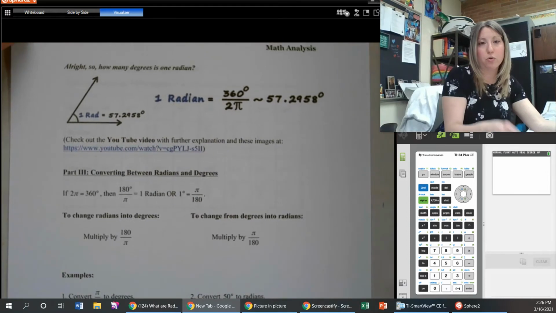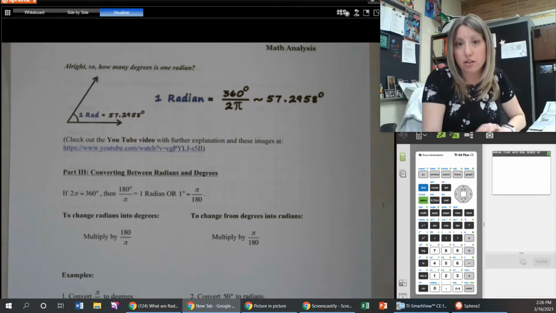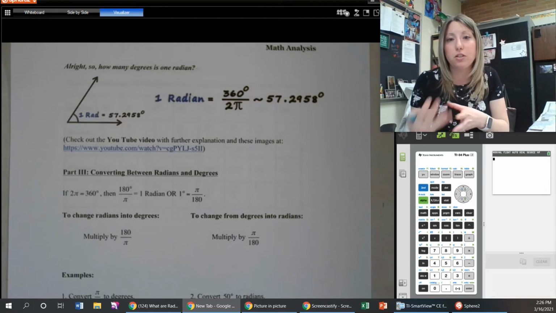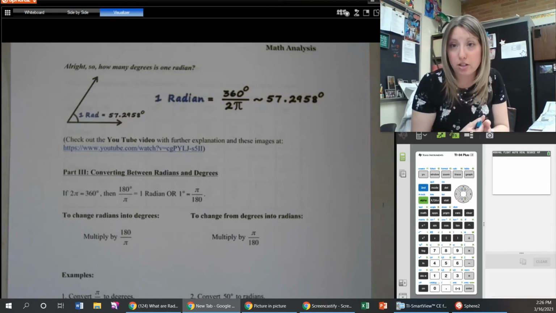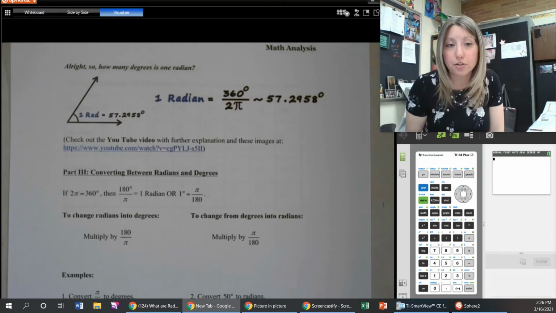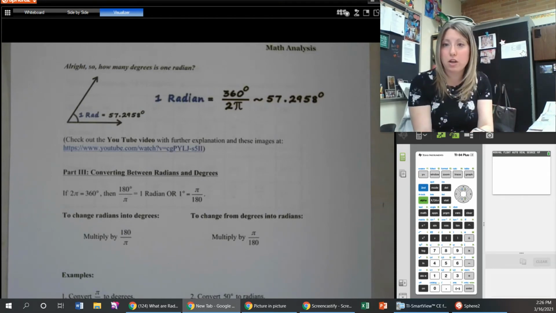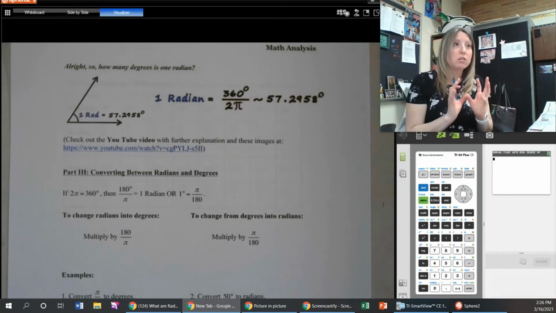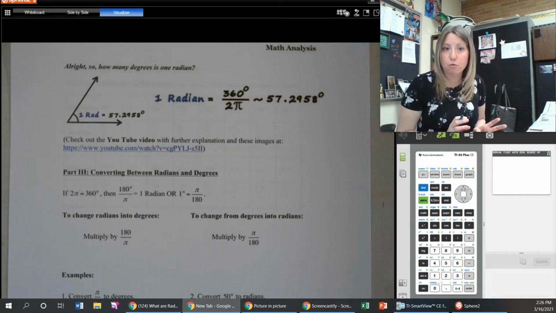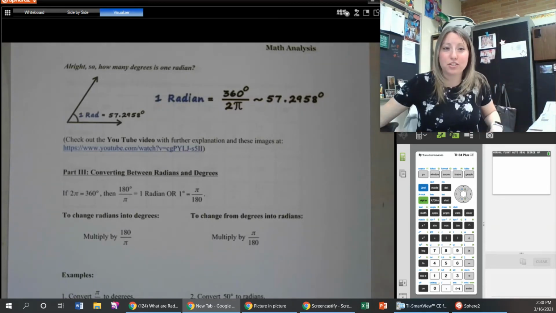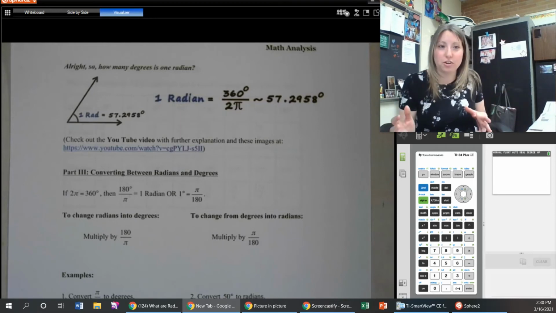Okay. So that is where we get to at the very end of the video. As you know, we know that 1 radian is equal to approximately 57.2958 degrees, approximately 57 degrees. Okay. We're going to use this to help us convert back and forth. Okay, so let's convert between radians and degrees.